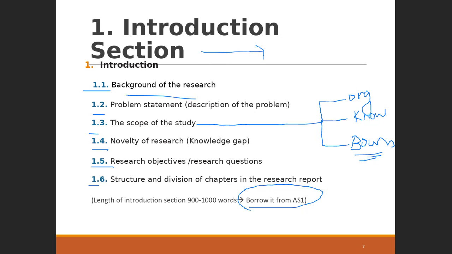If your focus is on rural customers, you also need to mention it here that the focus would be on the rural customers. So all the boundaries which you set in your research report need to be discussed here. So the scope of the study, first of all, needs to discuss the significance of your research for organizations, for managers, for professionals.